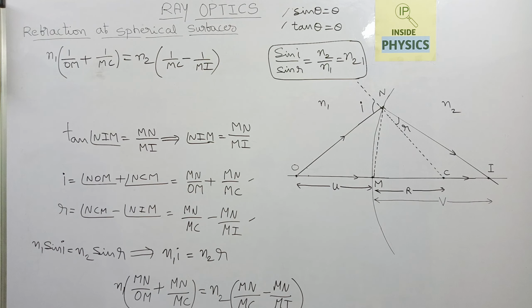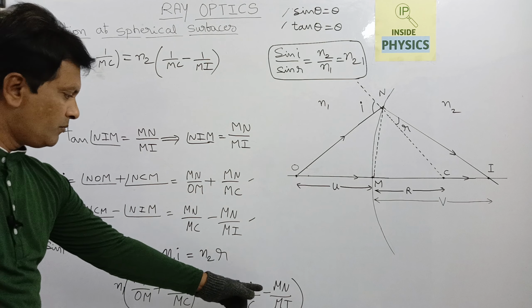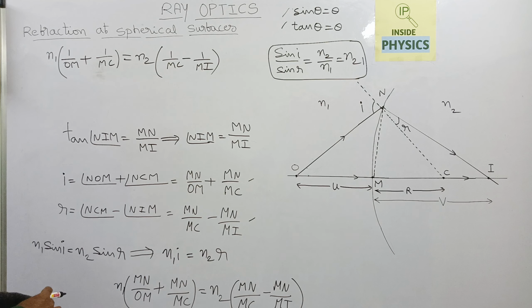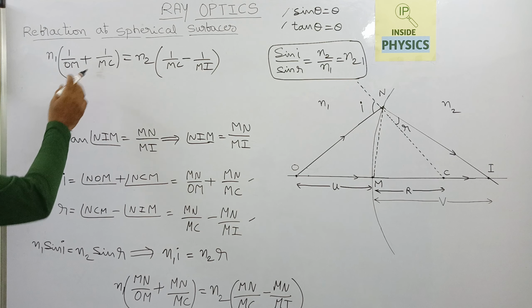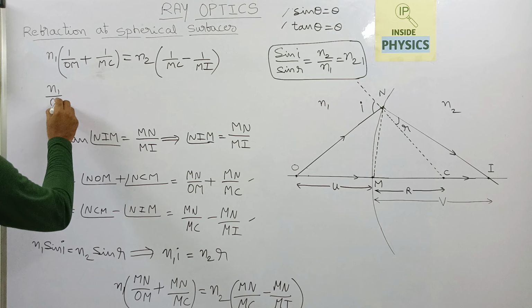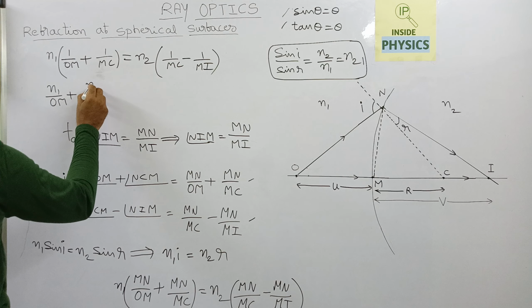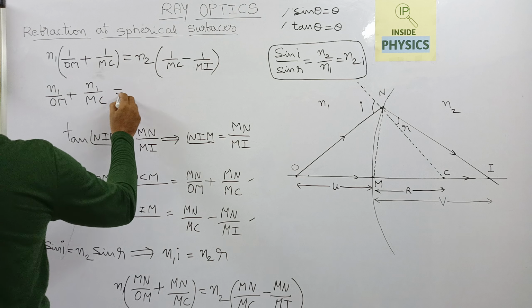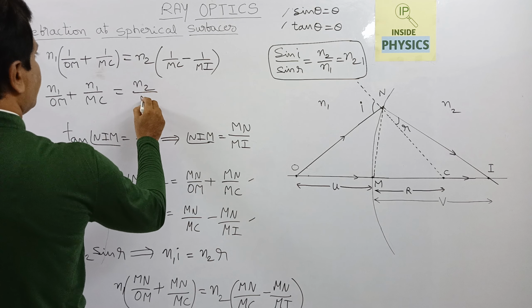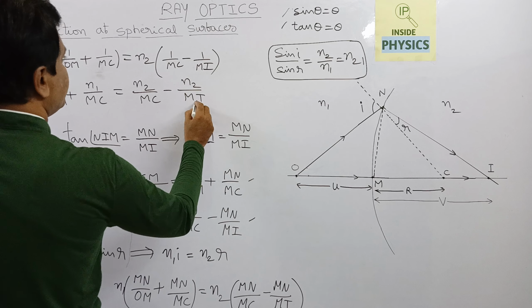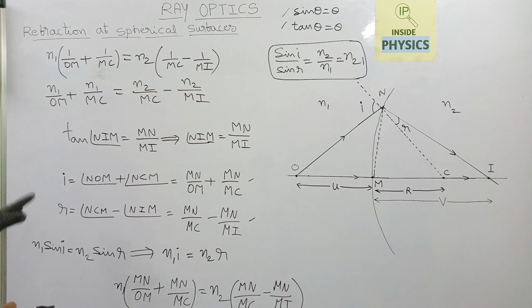So here I have taken Mn on both sides as a common factor and I have cancelled on LHS and RHS, so that it has become like this. So now we can write N1 by OM plus N1 by MC is equal to N2 by MC minus N2 by MI.